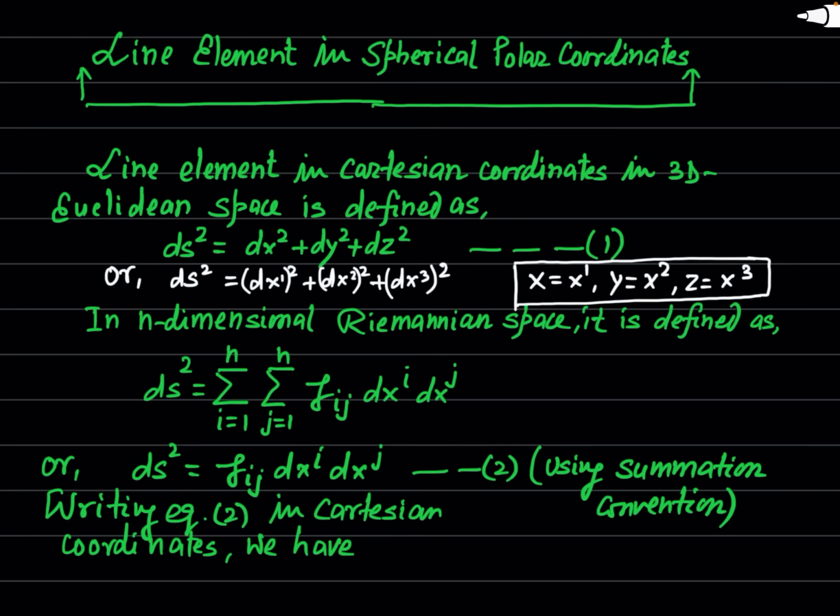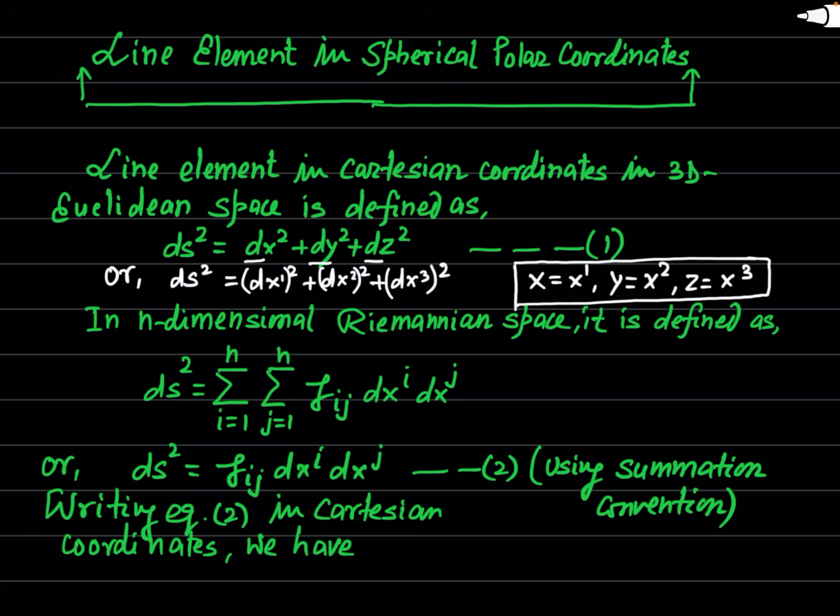So let us start with the definition of the line element in Cartesian coordinates, particularly in the three-dimensional Euclidean space, which you have already seen in the previous lecture. You have seen that the line element ds is defined by this quadratic equation: ds square equals dx square plus dy square plus dz square.